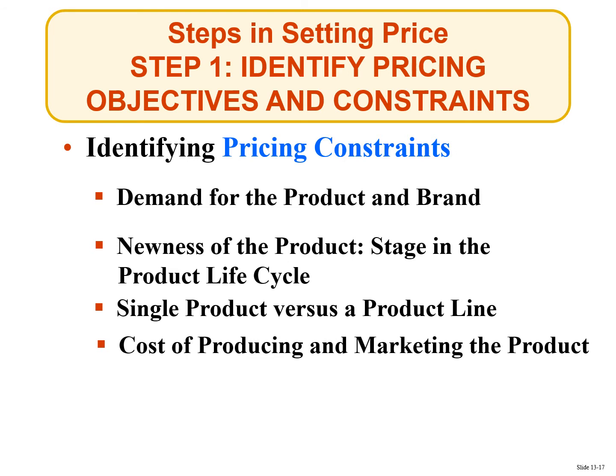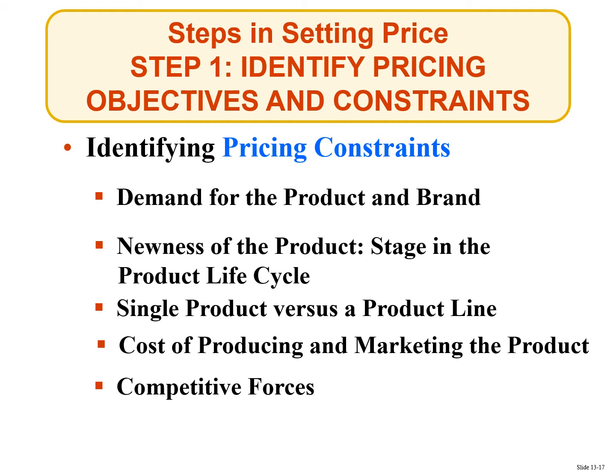Then cost of producing and marketing the product has to be kept in mind, because remember, we have to make profit, we have to run our business, we have to sustain. That's why it depends on the cost of producing and marketing the product. And competitive forces. What is the competition doing? Who are your competitors? What are they doing?